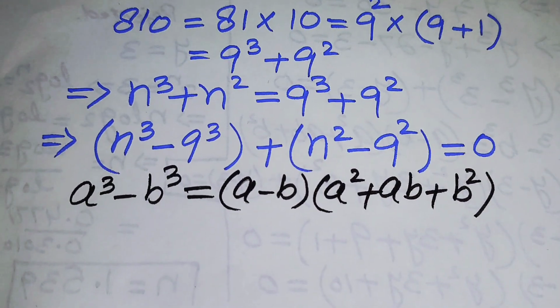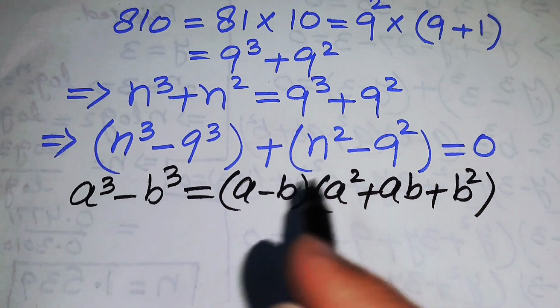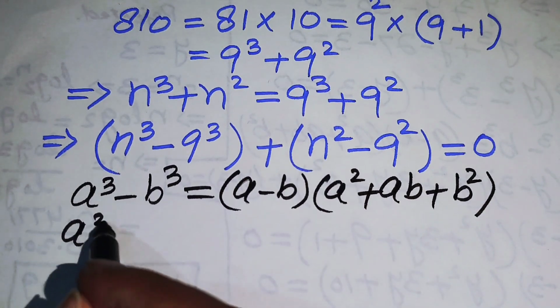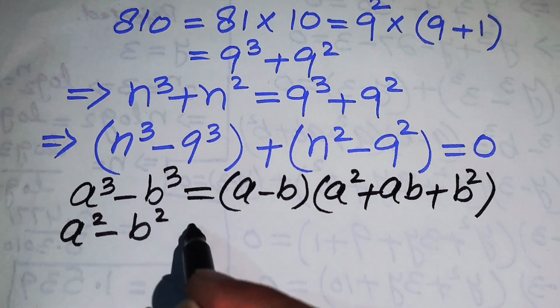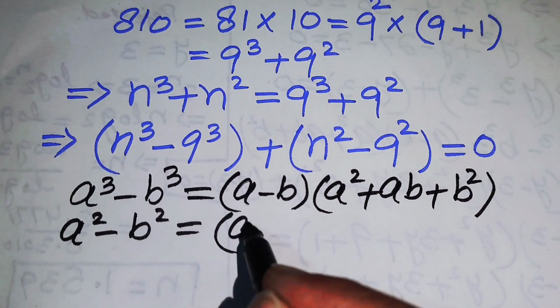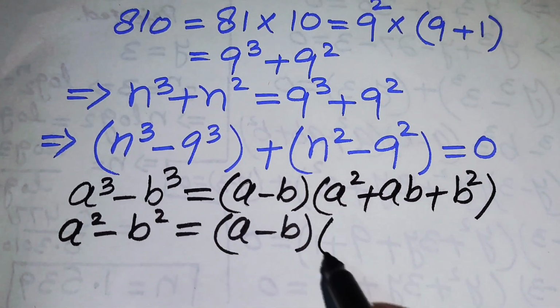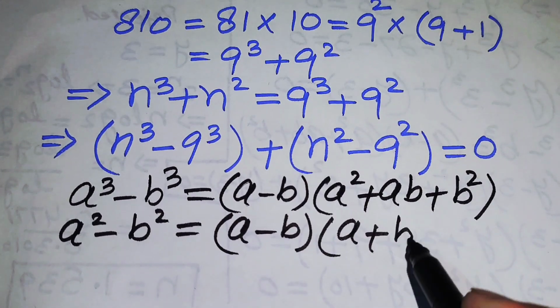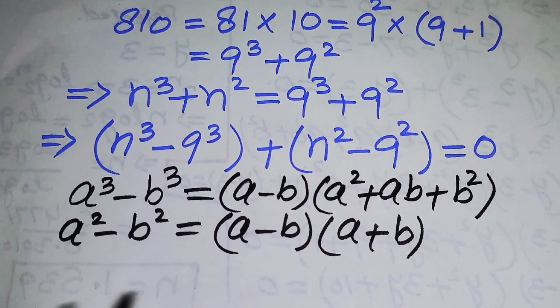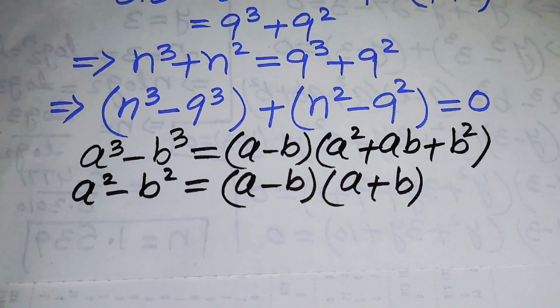And similarly the other identity looks like this: a squared minus b squared equals a minus b times a plus b. So now we use these two identities on the above term.